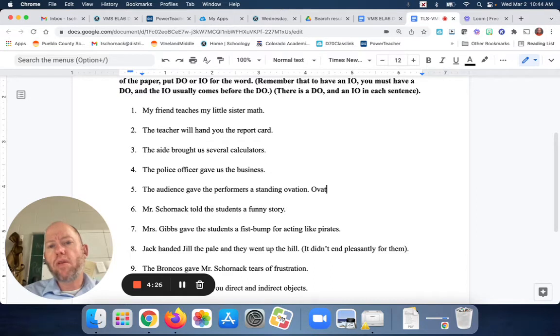And then let's pretend this is the right side of the paper. On the right side of the paper, you would ask yourself, is that the direct object? What received the action of giving? Yes, it is. So that is your direct object.